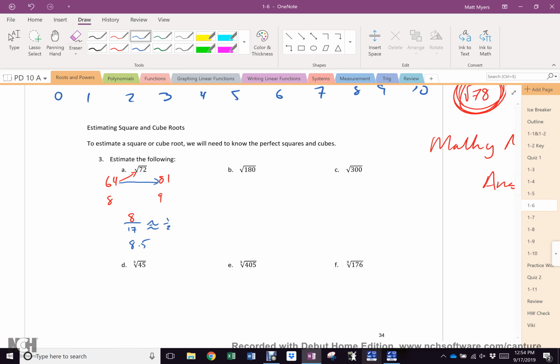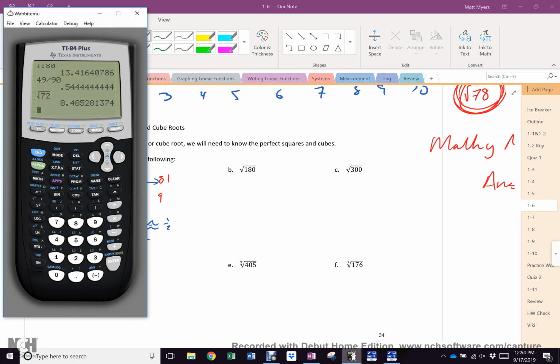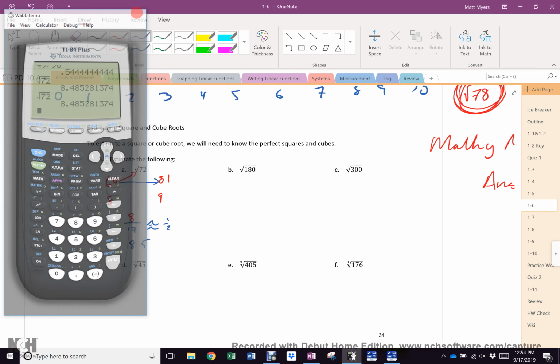8.5. Now, if I go to my calculator and I do the square root of 72, what do I get? Oh my good gravy. 8.5. Now, if that was one step out of 72 steps, it might be nice in my head to know that it's about 8.5.